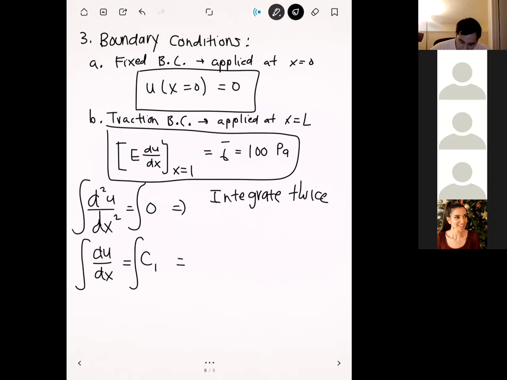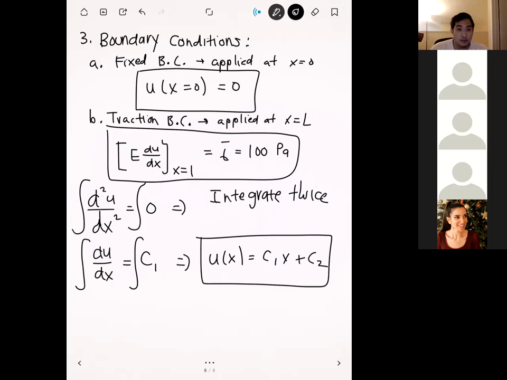Next, we take the integral again, and what we get on the left is u of x is equal to C1x plus C2. So pretty straightforward, it's just a simple integration of 0. Now that we're at this point, we can go ahead and apply our boundary conditions.